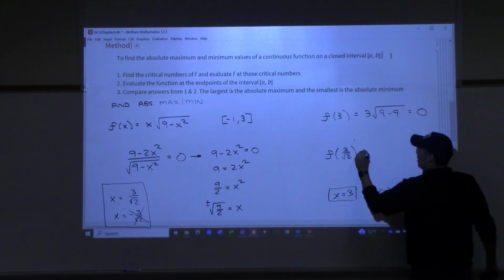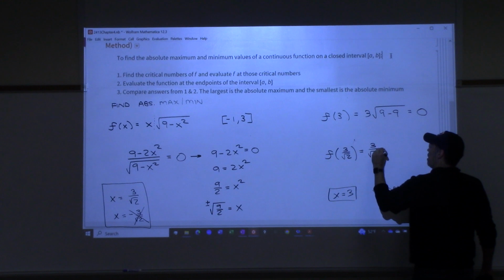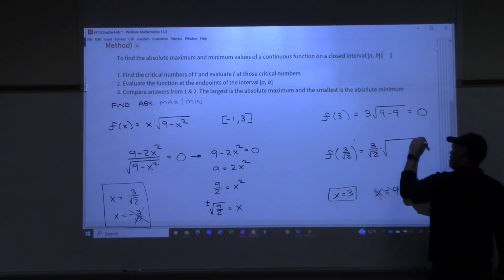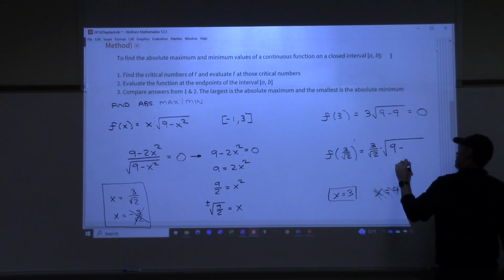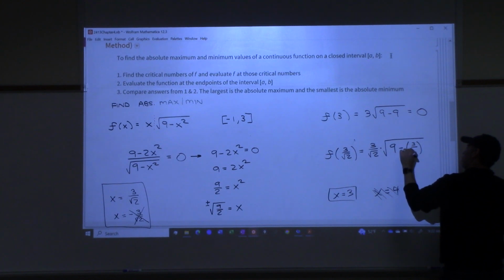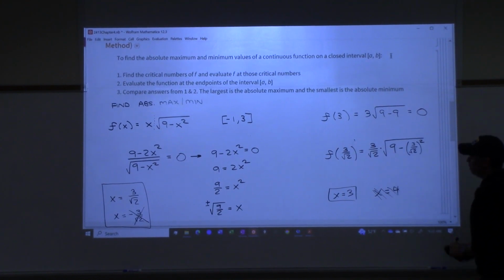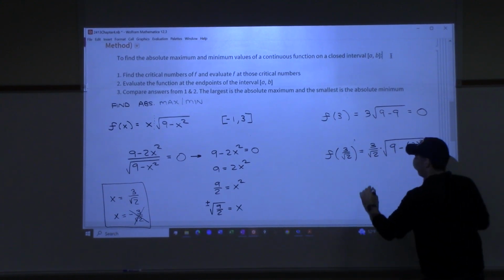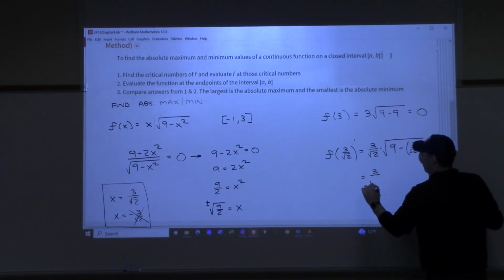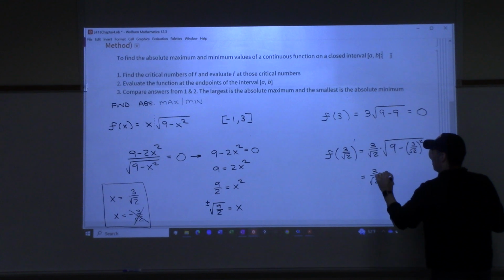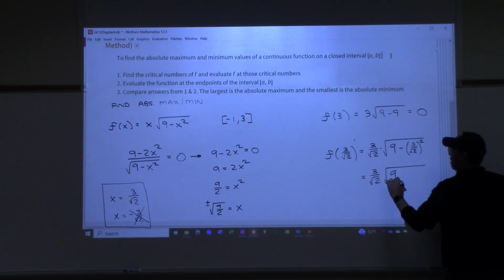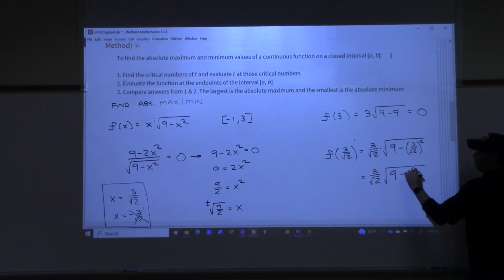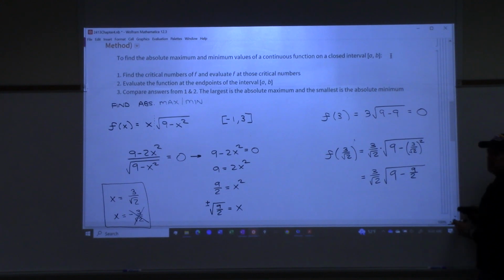And then this one is 3 over root 2 times the square root of 9 minus 3 over root 2 squared, which is 3 over root 2 times the square root of 9 minus 9 halves, right?